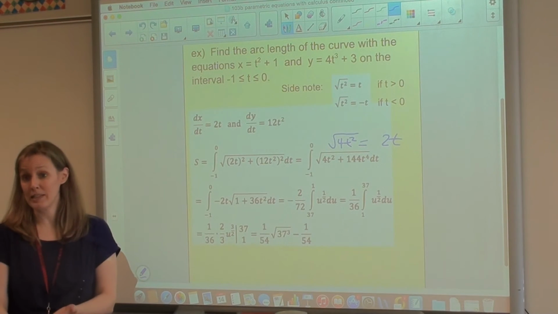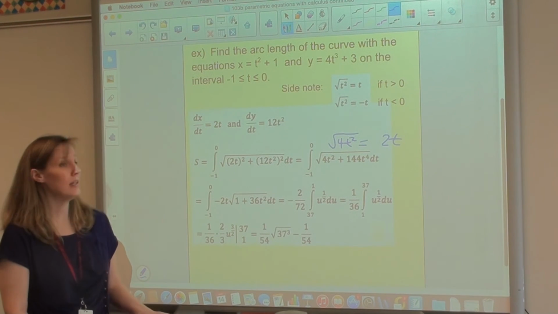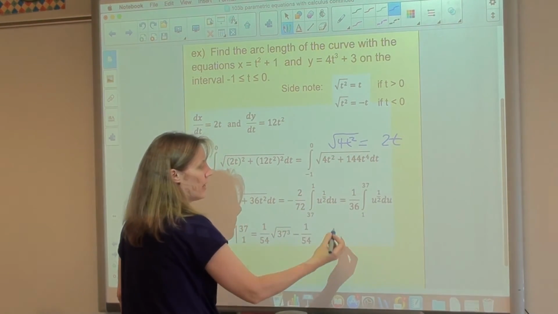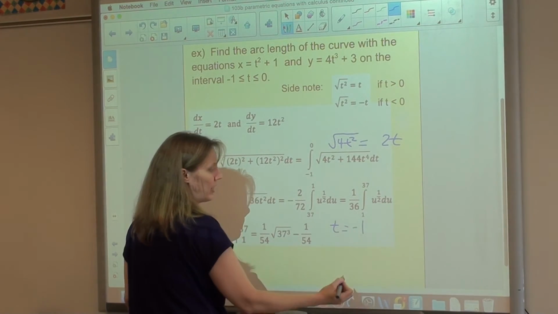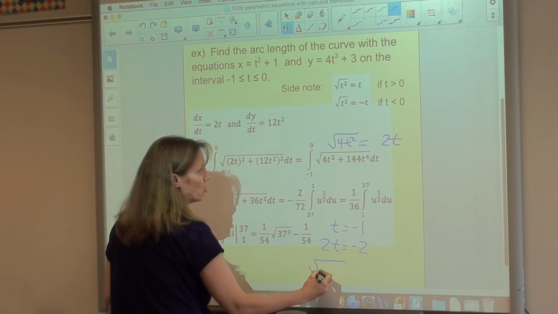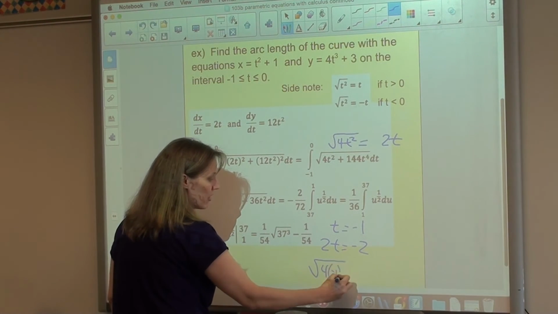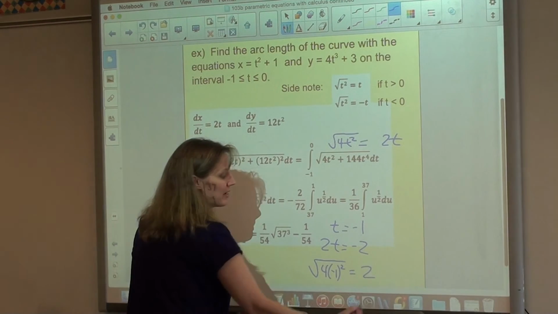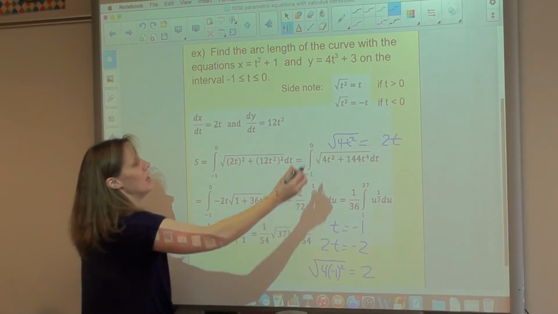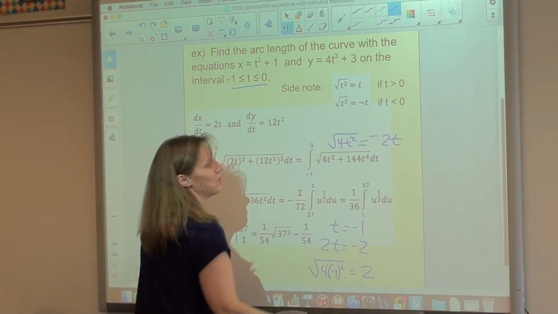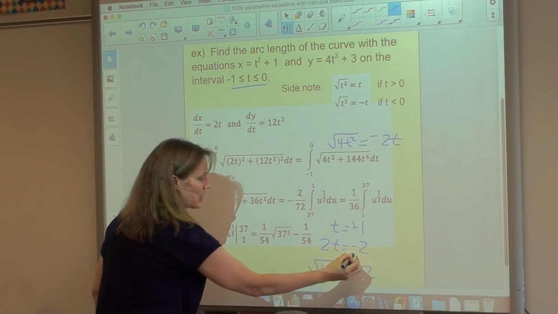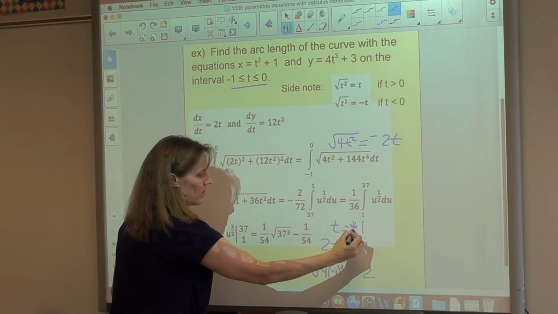For example, suppose t is negative 1. Then 2t would equal negative 2, but the square root of 4 times negative 1 squared would actually be positive 2. They're not the same, so if t is negative, you have to multiply by a negative to get the same value. We use a negative because we had from -1 to 0.